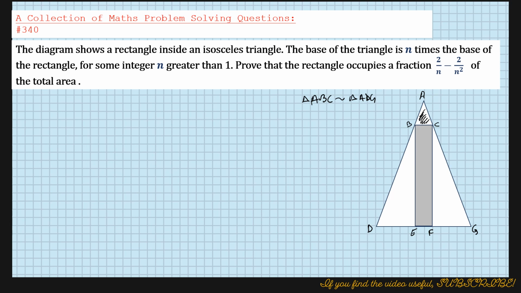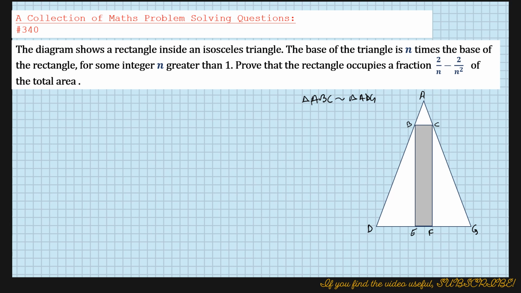It's very obvious because angle A is common, and of course angle ABC equals angle ADE because the triangle is isosceles and BCEF is a rectangle, meaning BC is parallel to EF and so on. So obviously triangle ABC is similar to triangle ADG.